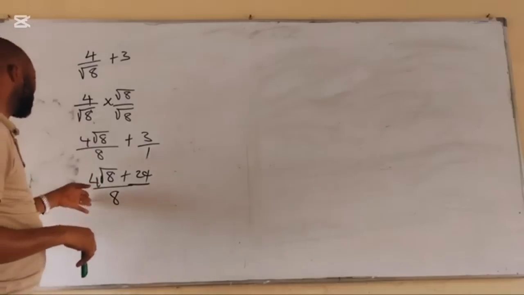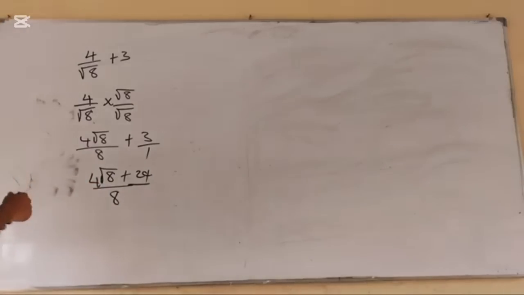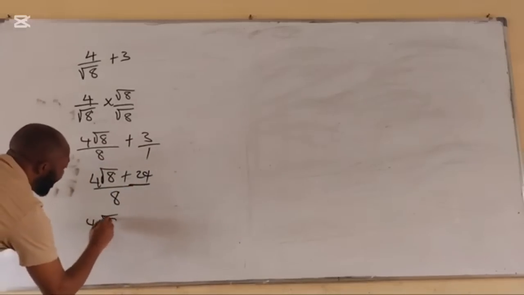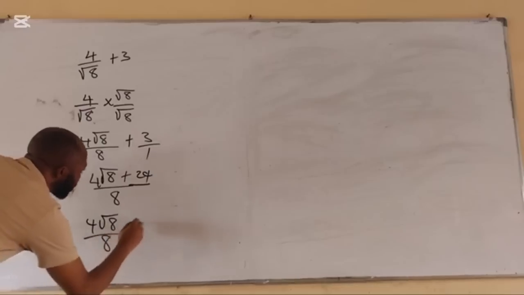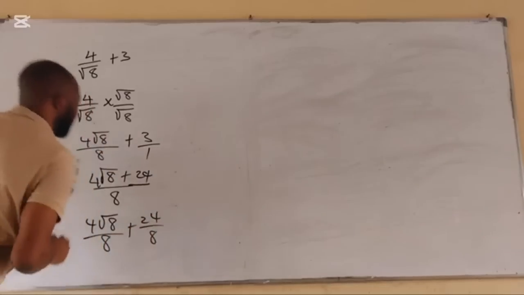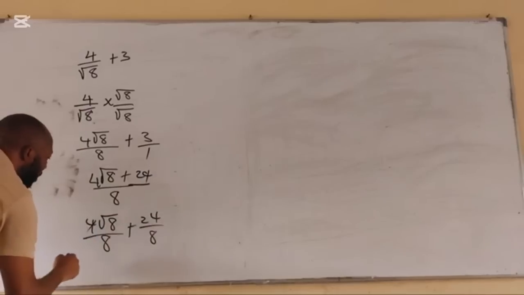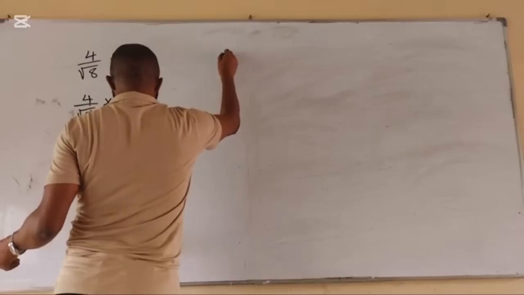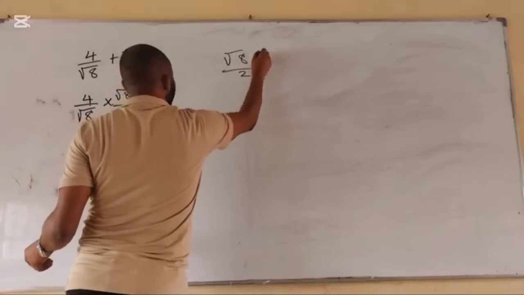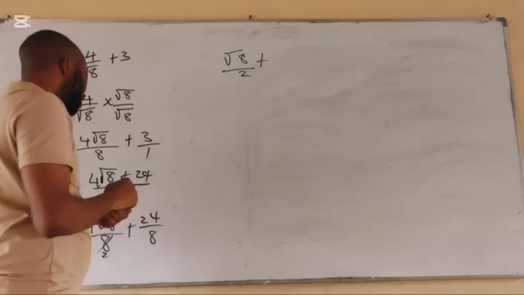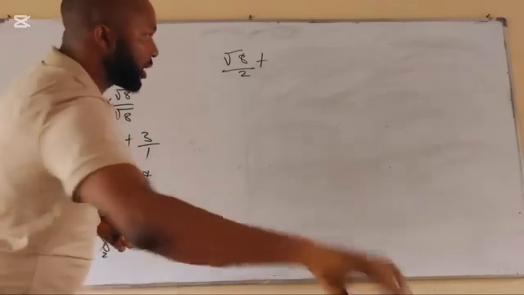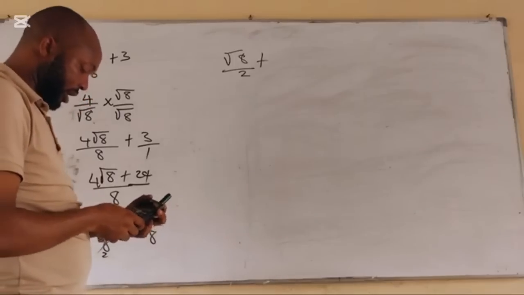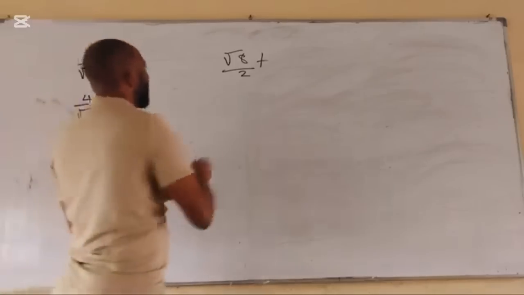Okay, that's 24. So our answer now becomes, I either leave it like this, or I say it is 4 root 8 over 8 plus 24 over 8. Now 4 goes into 8 twice, so this becomes root 8 over 2 plus 24 divided by 8, which is 3.